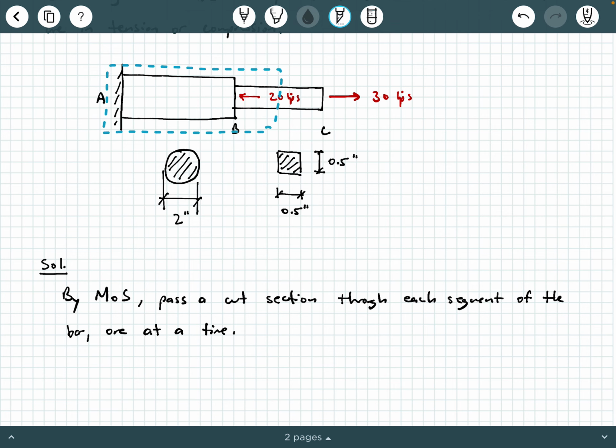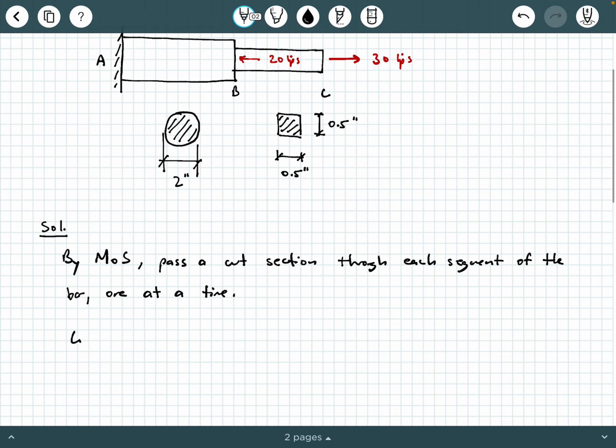Does it matter which side I look at? No, it doesn't, okay? By method of sections, you could look at either side of a cut section. So it's up to you. Now, I would choose to analyze the side that has the least going on or that's the easiest to deal with, okay? So let's do this.